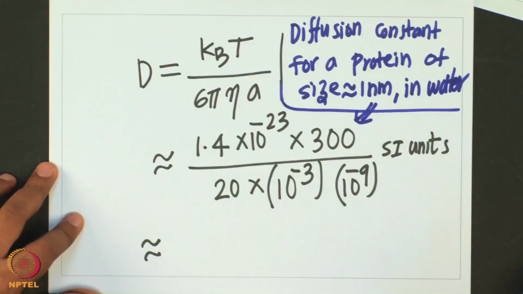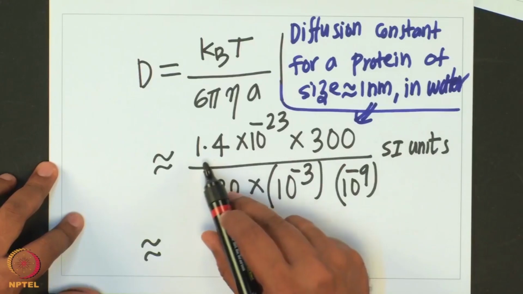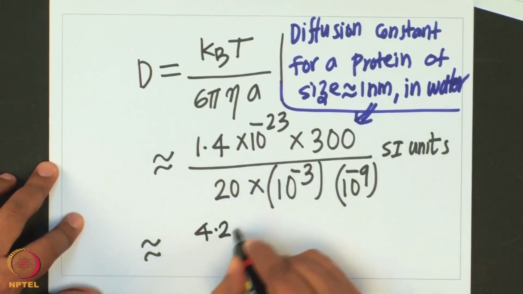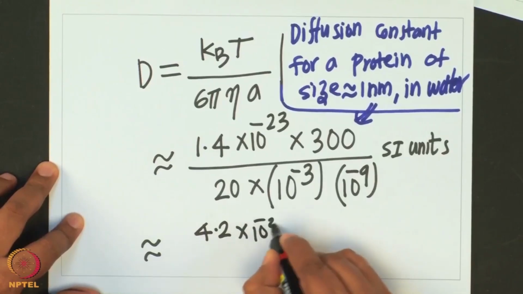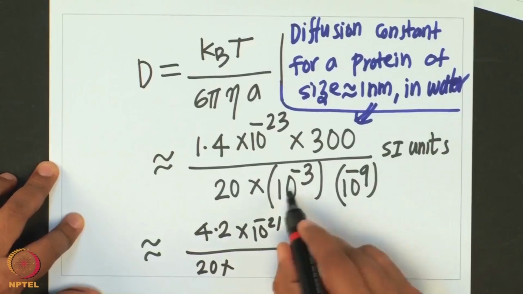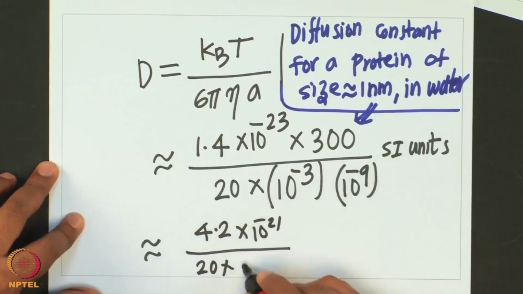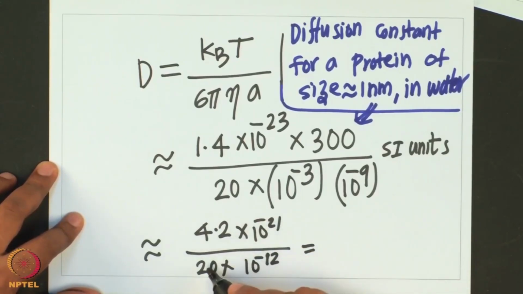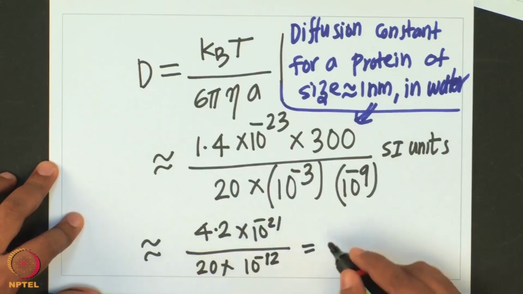If I substitute here, 3 into 1.4 is 4.2 into 10 power minus 21, divided by 20 times 10 power minus 12 times 9.